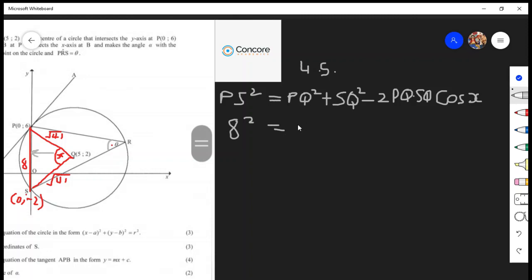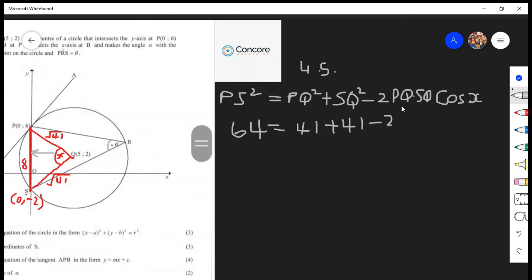Let's just make it 64 one time. So this is going to be 64, right? And then side SQ is also the root of 41. The root of 41 squared is 41 minus 2 times PQ.